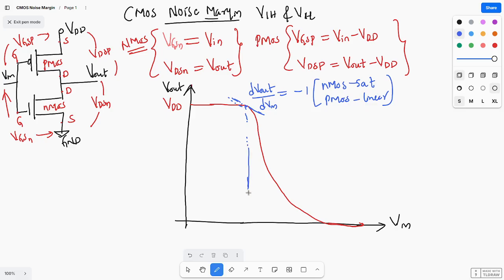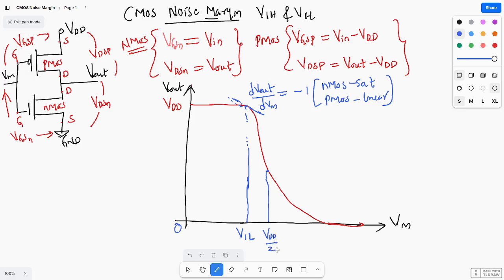Next, I can consider this point. Let us take this as 0 only. This is VIL, the input low voltage, and this point is VDD by 2.